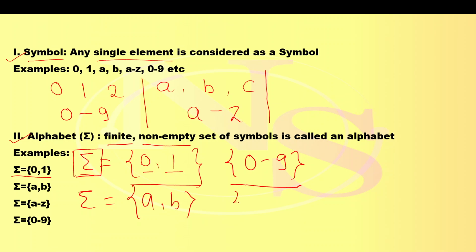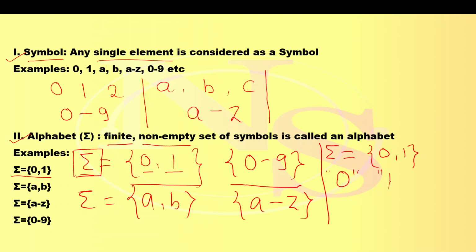Now in your mind there might be a question: what is the application of this? Let me tell you one example. If I say sigma is {0, 1}, a set of symbols 0, 1. From this set of symbols I can write some numbers, or some sequences, and those sequences are nothing but strings. For example, initially I will write the single 0. This single 0 becomes a string.